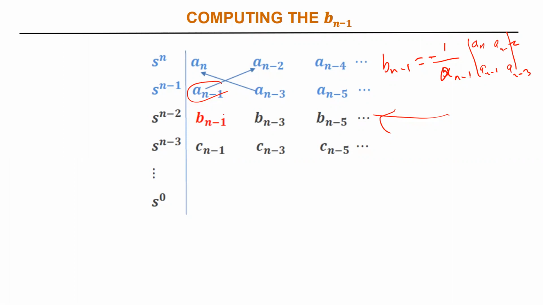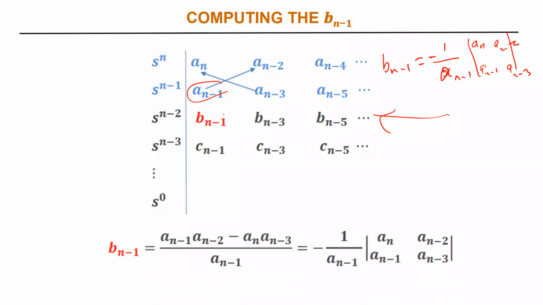This is the way we calculate b_(n-1): you take the coefficient, minus 1 over the coefficient just above it, multiplied by the determinant.